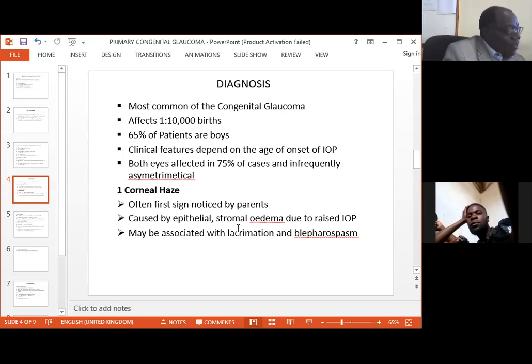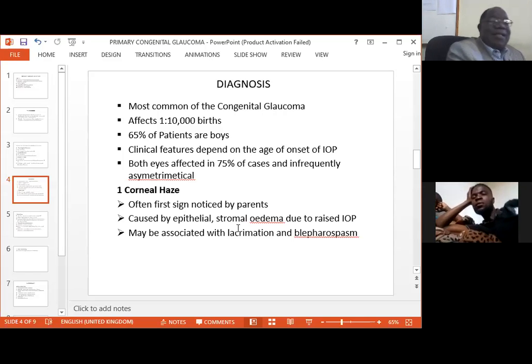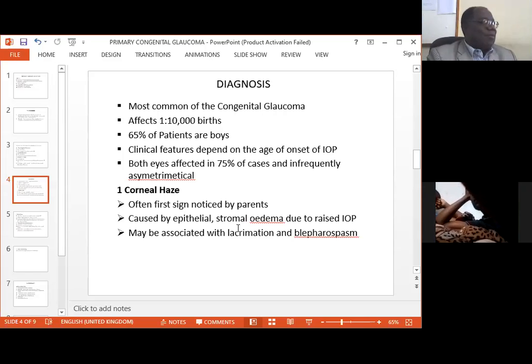So corneal haze is often the first sign noticed by the parents. It's often the sign they bring to the hospital, especially when it's asymmetrical, more in one eye. Quickly they will bring the child.